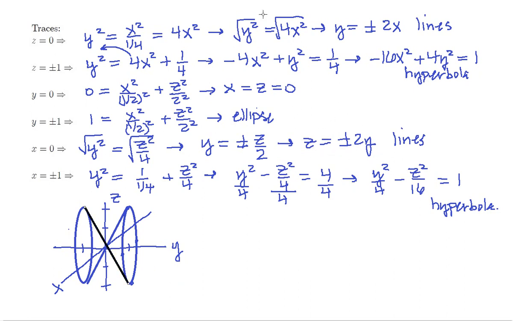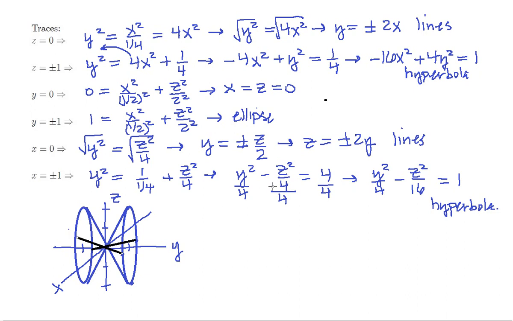I'll draw those in black. Whoops. Get that line in blue. And then in black, I will do the other two. So those are going to be from here to the opposite side over there, and then from here to the opposite side over there. So those are in the YZ plane.